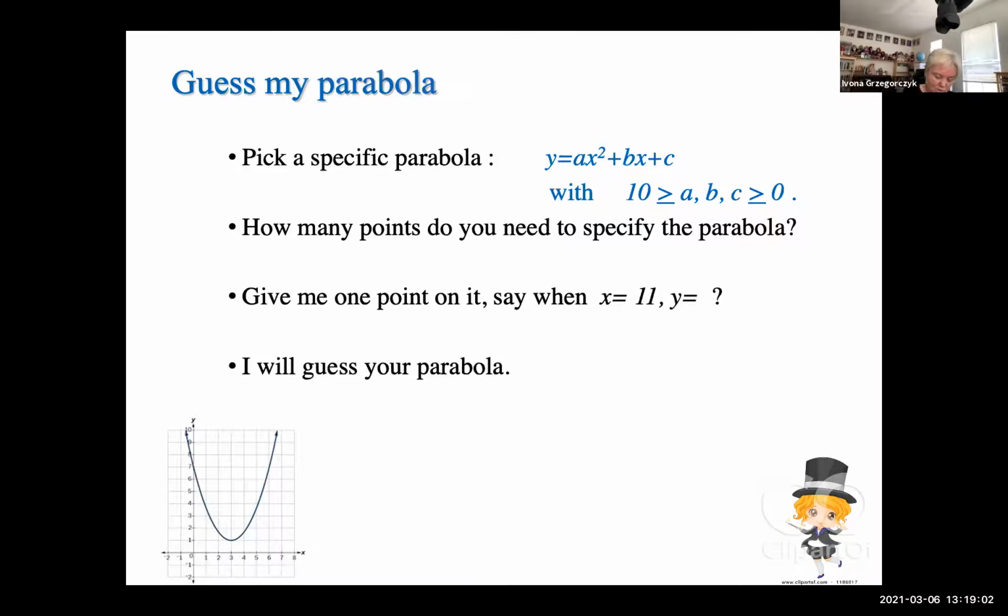So your parabola is 3x squared plus 4x plus 1. Sorry, I switched the question. Anybody else?